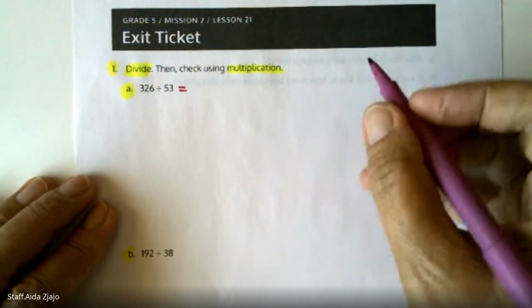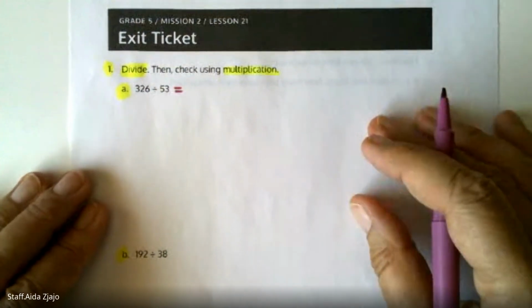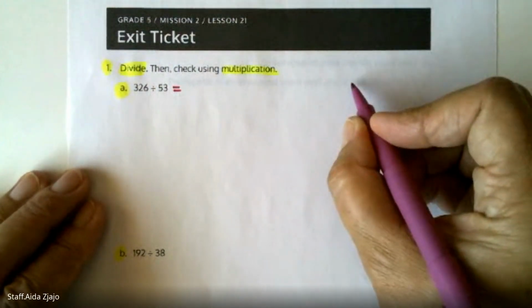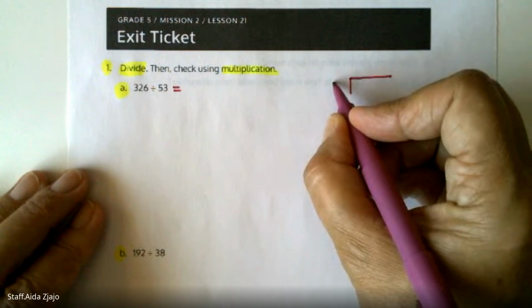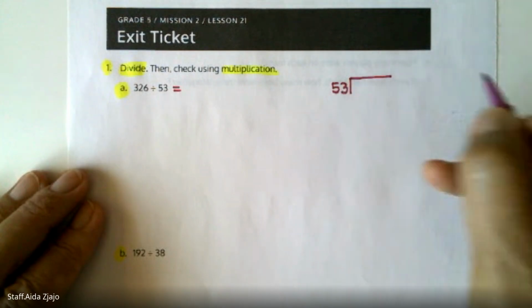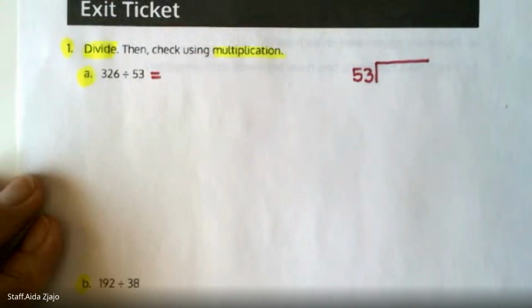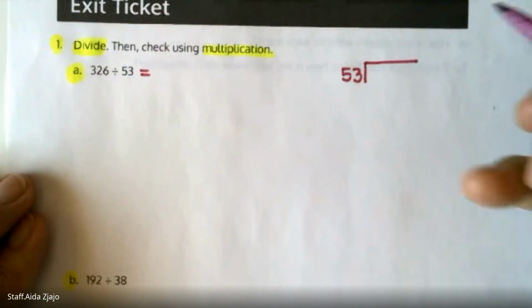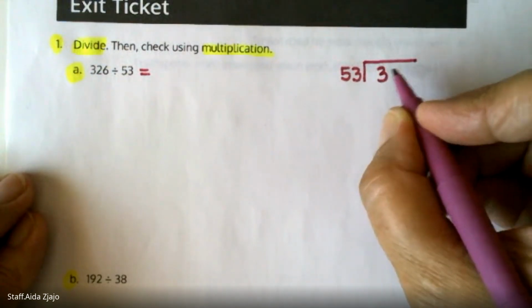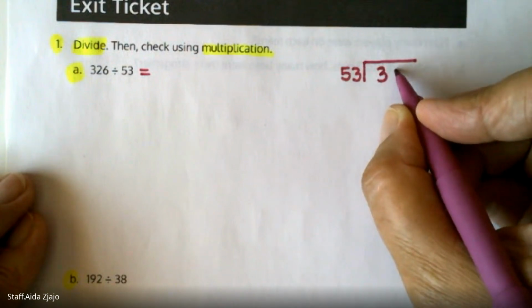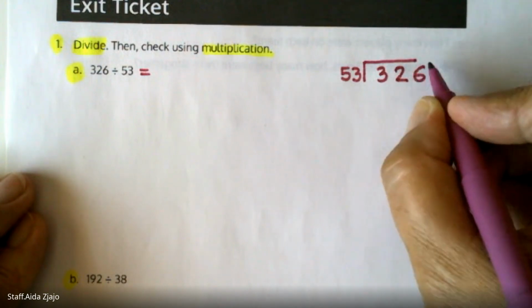So I like to use this area here, and then I am making the bracket. My group is 53, and we need to find how many groups of 53 are in 326.